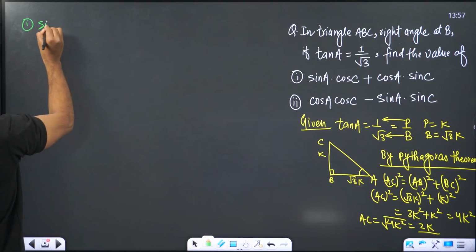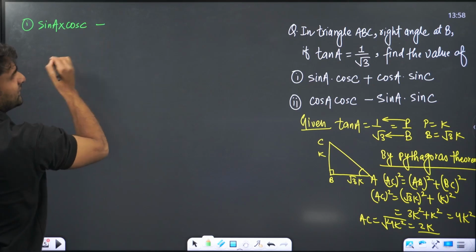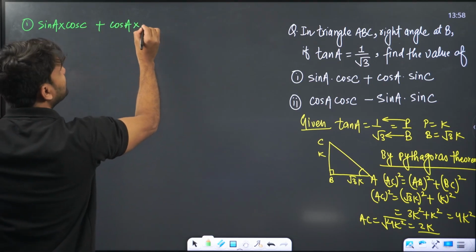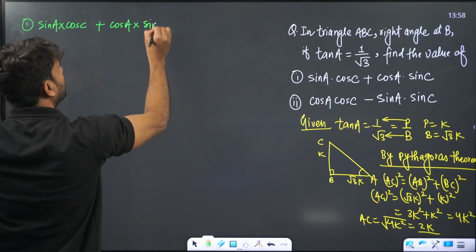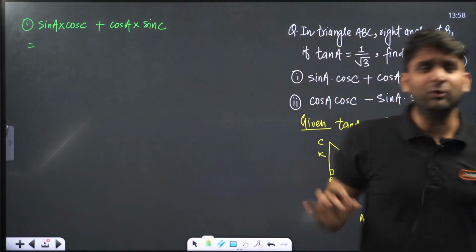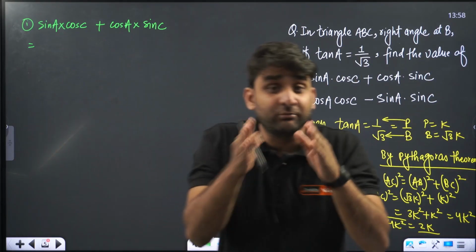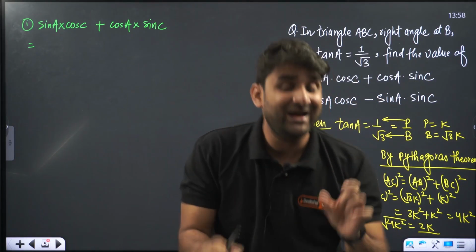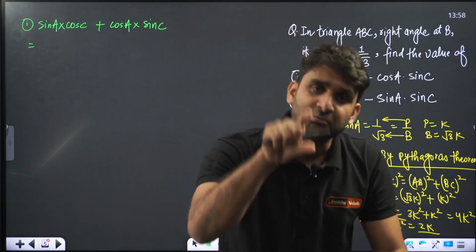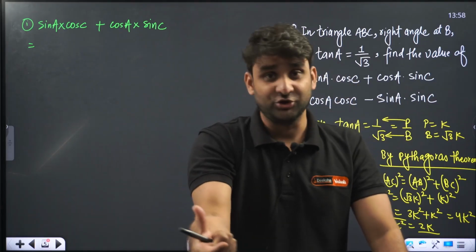Sin A into cos C plus cos A into sin C. Okay. My dear champions, please focus. This is a really good question. In sin A, focus on both terms, the trigonometric function as well as the angle.